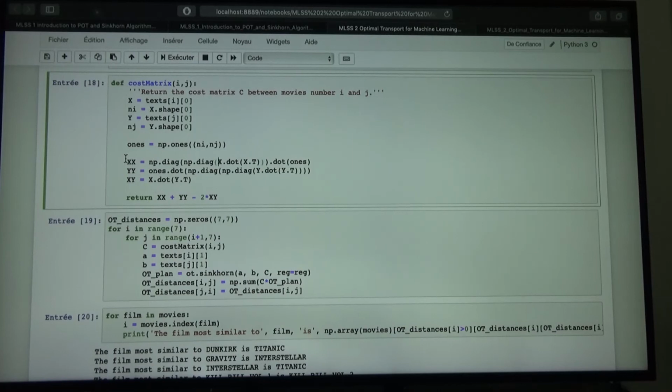And then understanding the line for xx and yy is just doing the simple computation to show that this is a diagonal matrix with entries being the squared norms of the xi's. And probably you can do it more efficiently without that many diagonal matrices, but okay. But that's still much more efficient than doing your double loop.